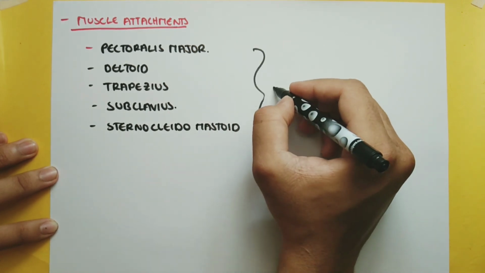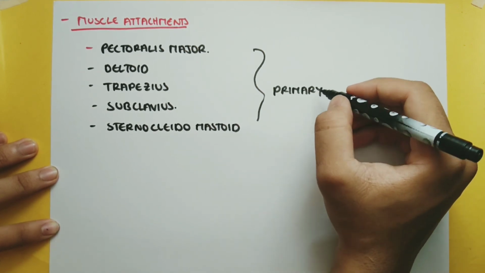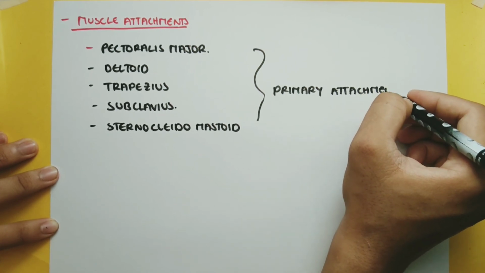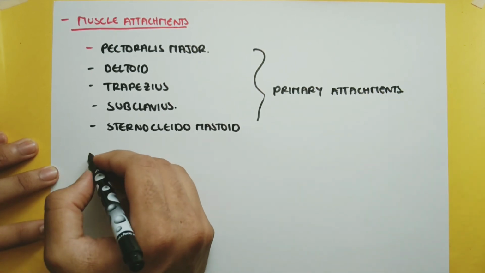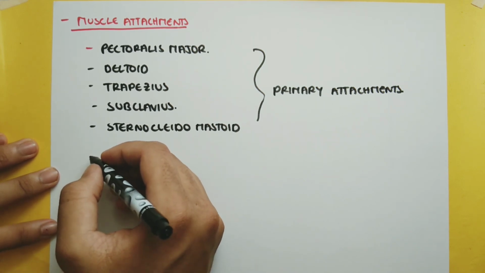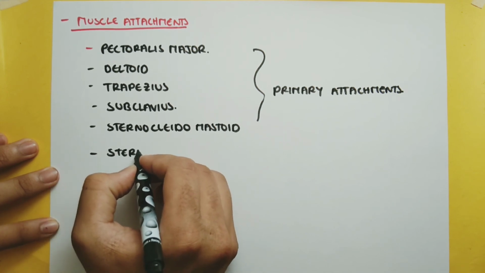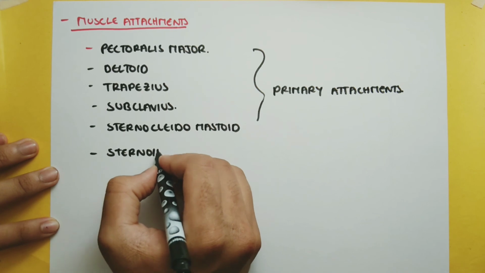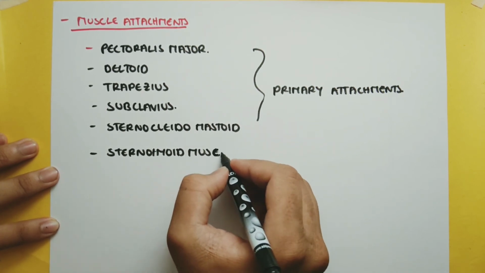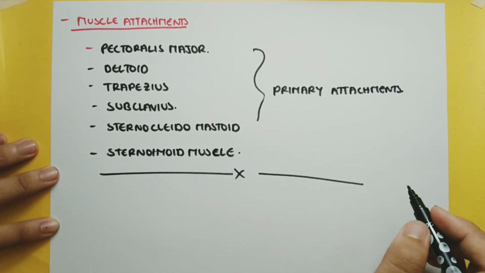These are the primary attachments. There is another muscle which also attaches, that is the sternohyoid muscle. These are the muscle attachments.